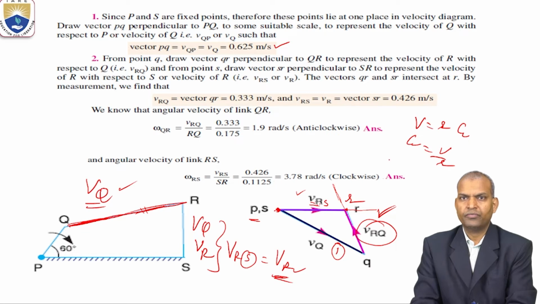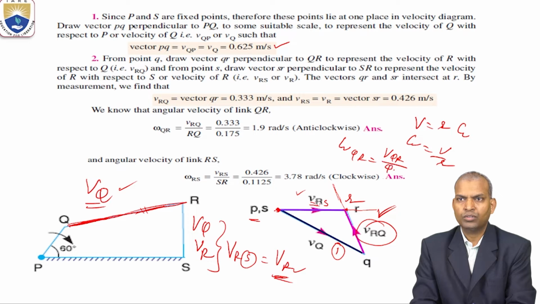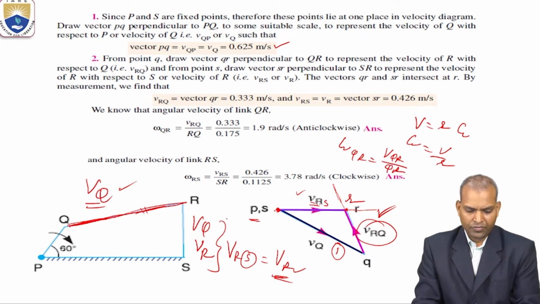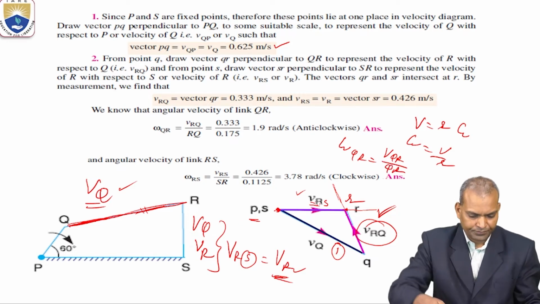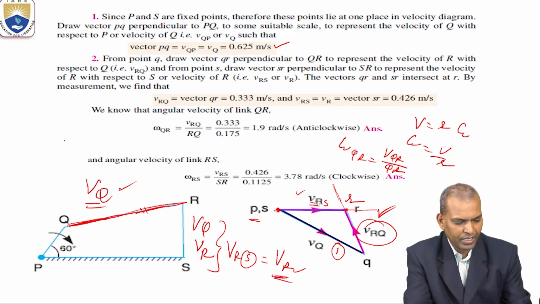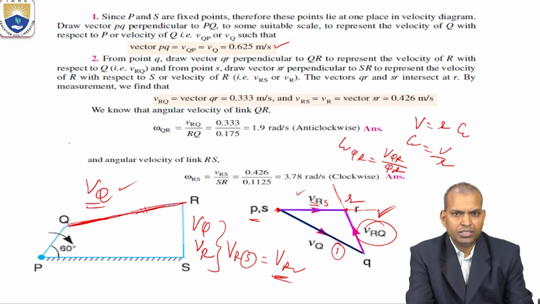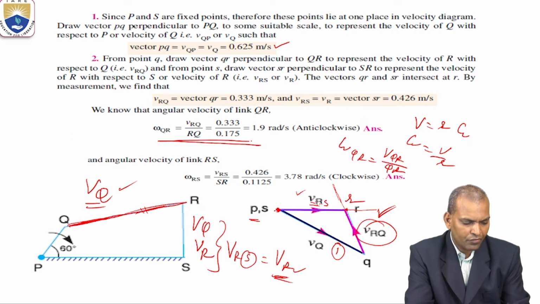Suppose if you want VRQ we know, then omega QR. Then omega QR means VQR by QR link. What is the VQR by QR? Here VQR, we know that omega QR. What is the VRQ value?